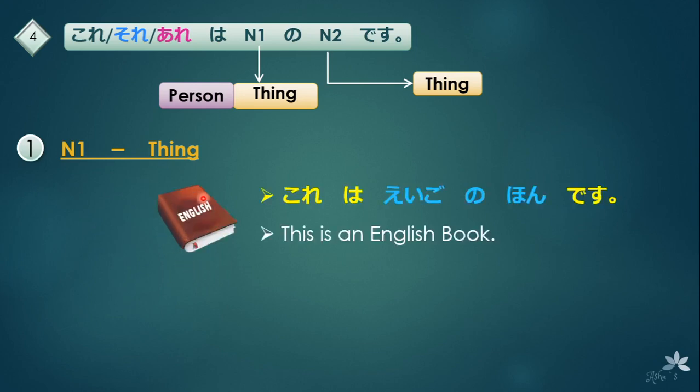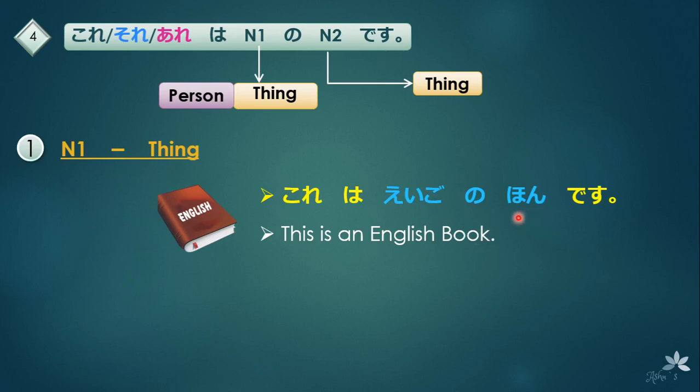I'll explain you with an example. Now here is a book. It's written English on it. So we can say that Kore wa eigo no hon desu. This is an English book. So N1 here is eigo and N2 is hon.